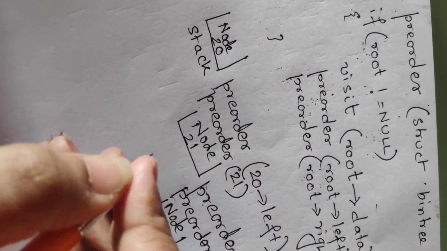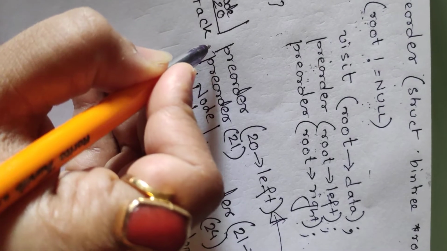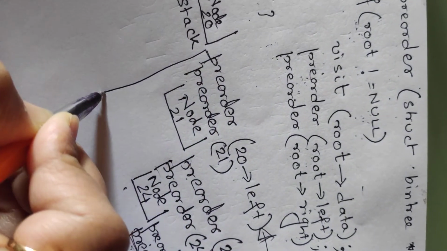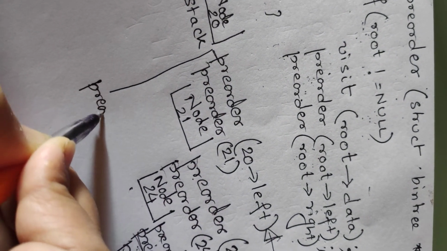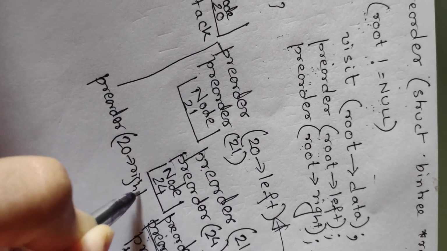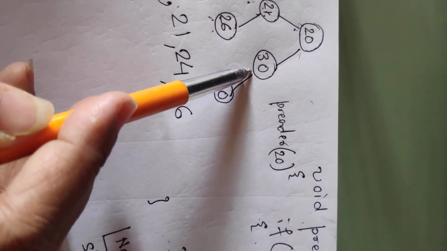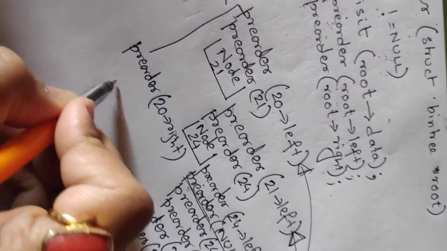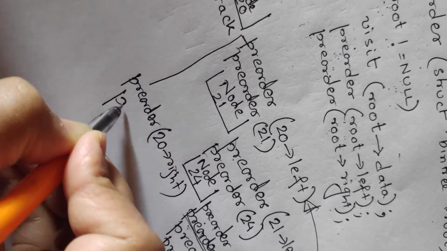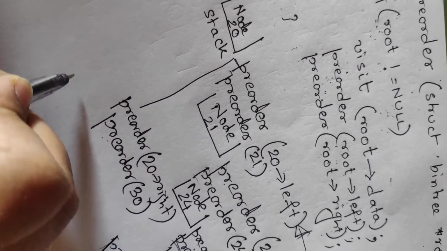So at this point, preorder 20 right will be called. Now if you look at the diagram, what is 20 right? That is 30. So we would be calling preorder 30.